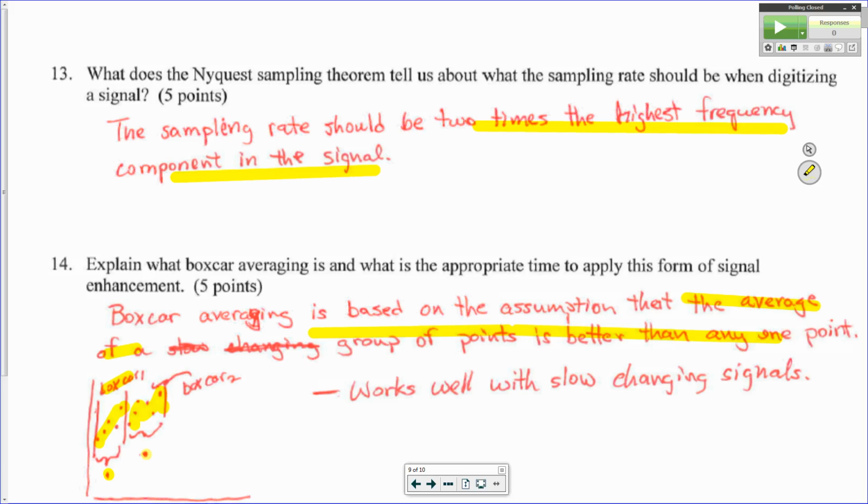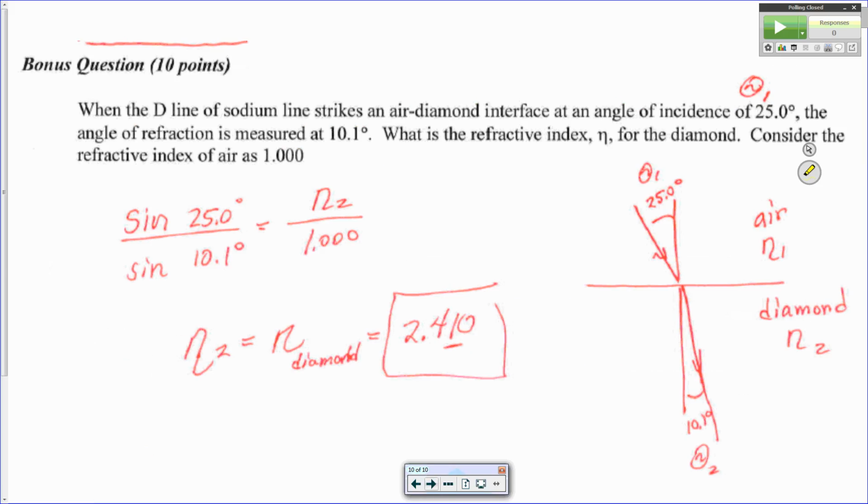You can change the size of the boxcar depending on how quickly your data set is changing and how noisy it is. It works well when you have a slowly changing signal, because you lose some signal detail with this.